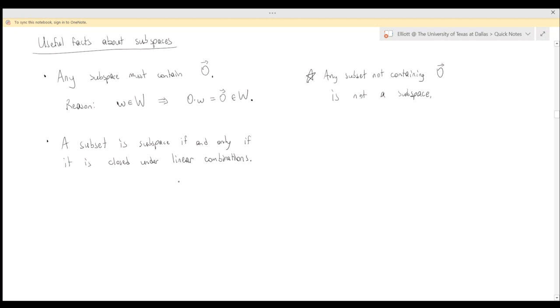Because if you remember, a linear combination was just a combination of scalar multiplication and vector addition. If you have a subspace, it's already closed under scalar multiplication and addition, so it's going to be closed under linear combinations. And vice versa, if it's closed under linear combinations, since that includes scalar multiplication and addition, it would therefore be closed under both, okay?